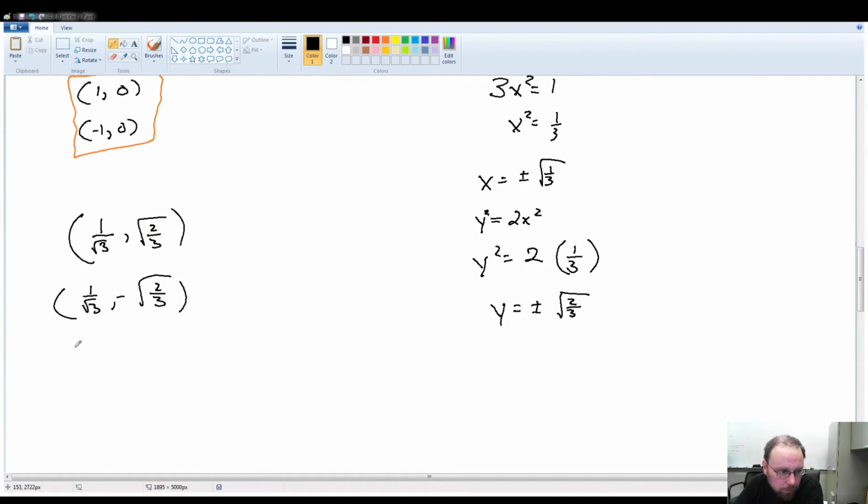But x could also be negative square root of 1/3, and independently y could be positive or negative. So we have a total of 2 critical points from the first case and 4 critical points from the second.